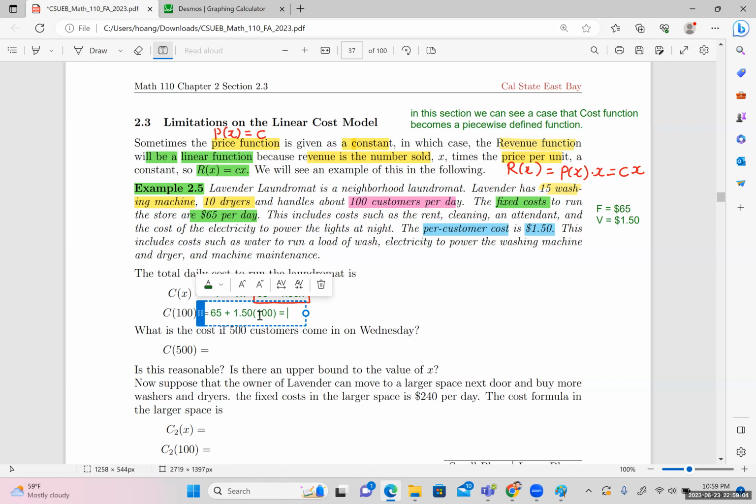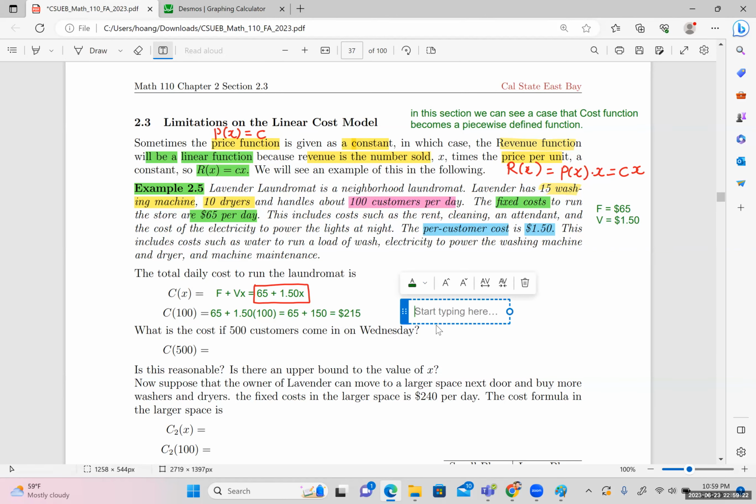This gives me 65 plus 150, and that gives us $215. So we have to pay a total cost of $215 per day.